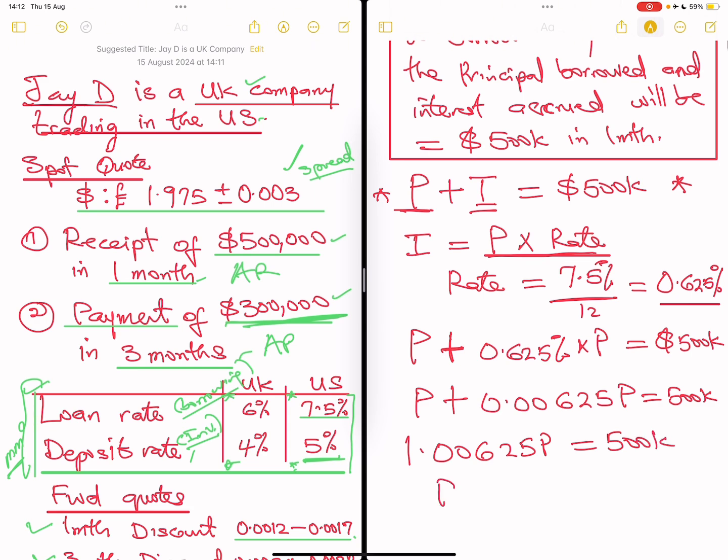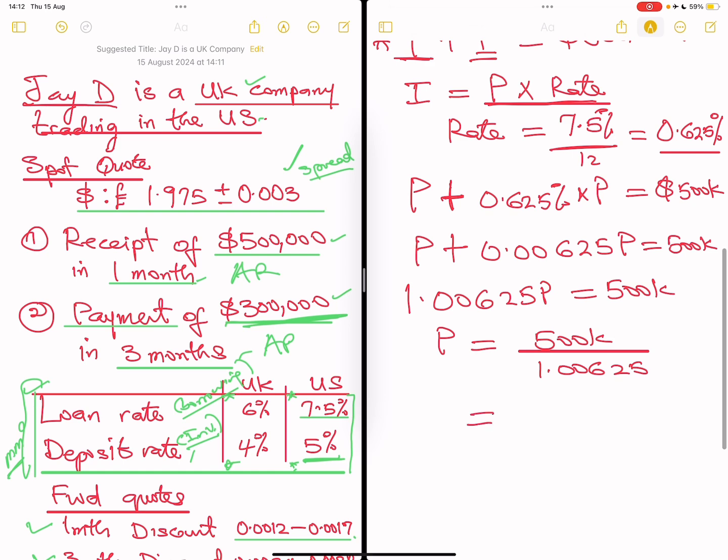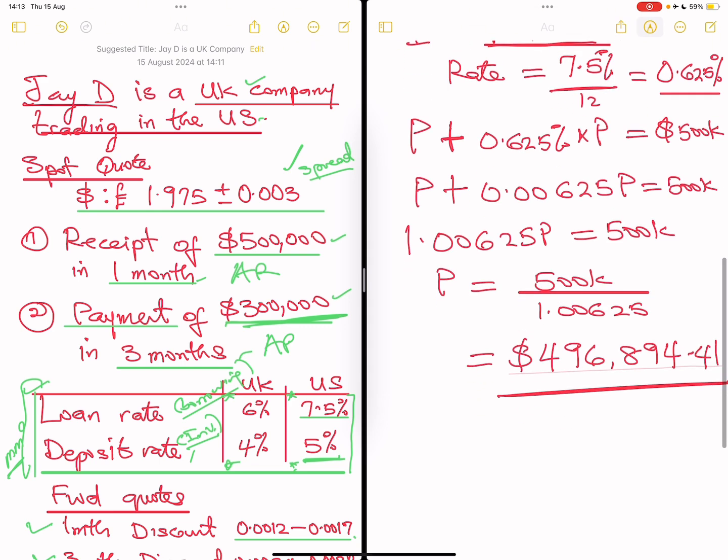And with this, P equals 500K divided by 1.00625. Let's see what that is, 500,000 divided by 1.00625, and that will give us 496,894.41. So principal is equal to 496,894.41.